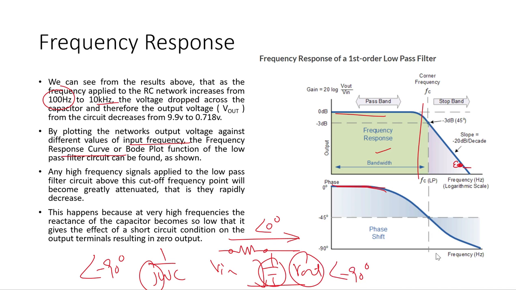After the cutoff frequency, the circuit has a phase shift approaching 90 degrees. This happens at very high frequency. At lower frequency we get 45 degrees and greater than 45 degrees, but not 90 degrees. 90 degrees is at infinity, theoretically.